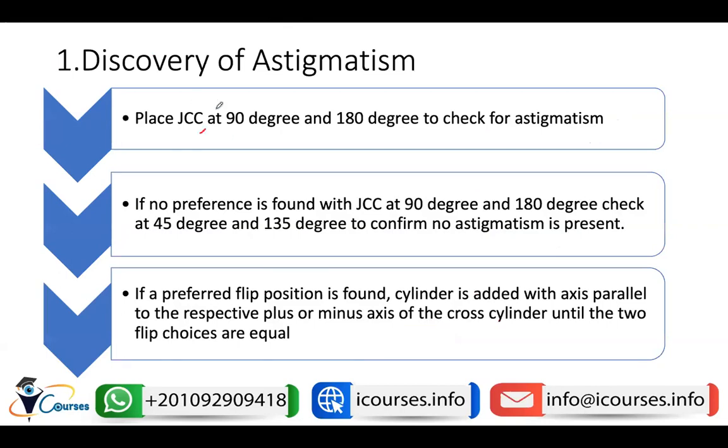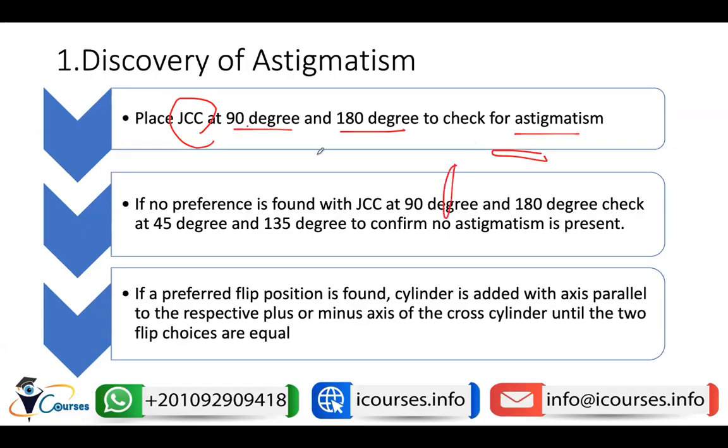We place the Jacksonian cross cylinder at 90 degrees and 180 degrees to check for astigmatism. So now we don't have astigmatism, and the patient has, for example, -3 diopters of sphere. So we place the Jacksonian cross cylinder with the handle at 90 degrees, and then with the handle at 180 degrees.